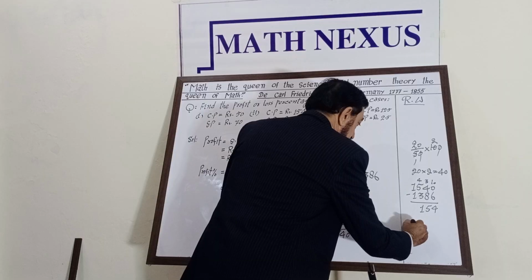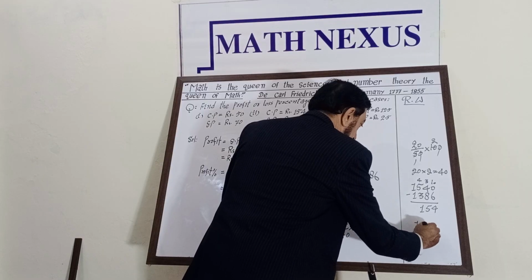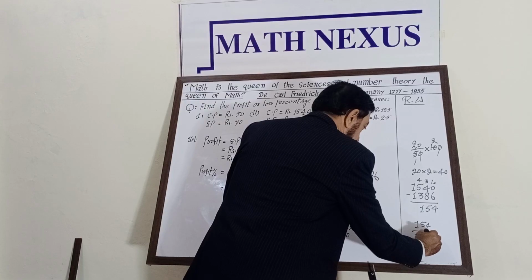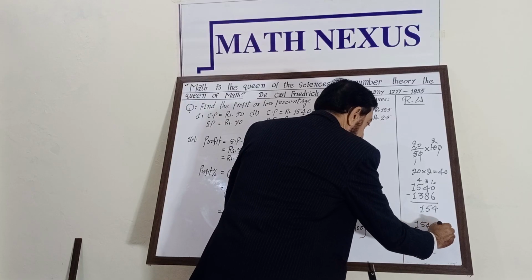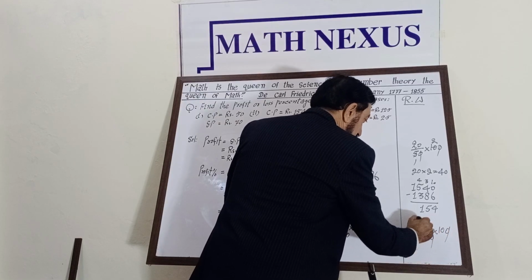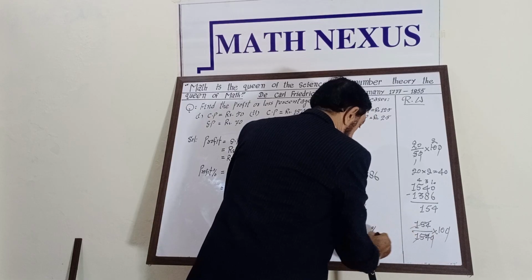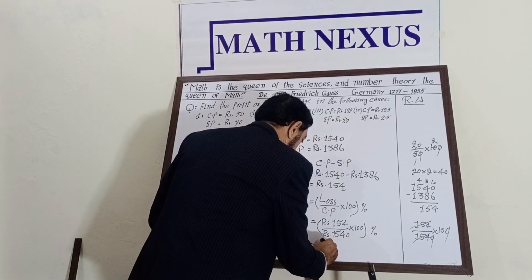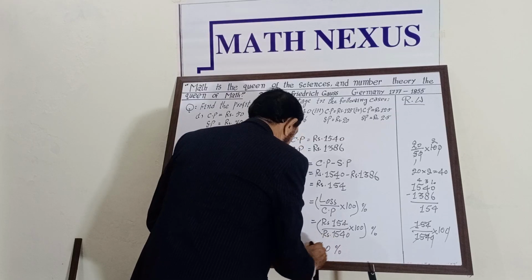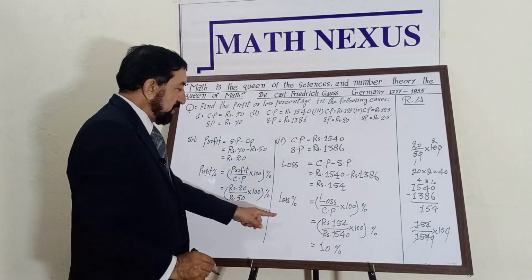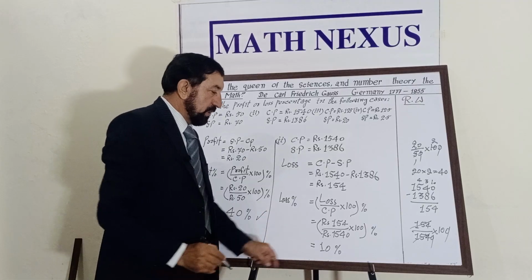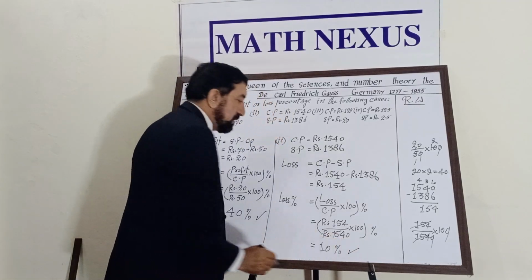Now 154 upon 1540 into 100 is 10%. Loss percentage is equal to 10%. This is the answer of this question.